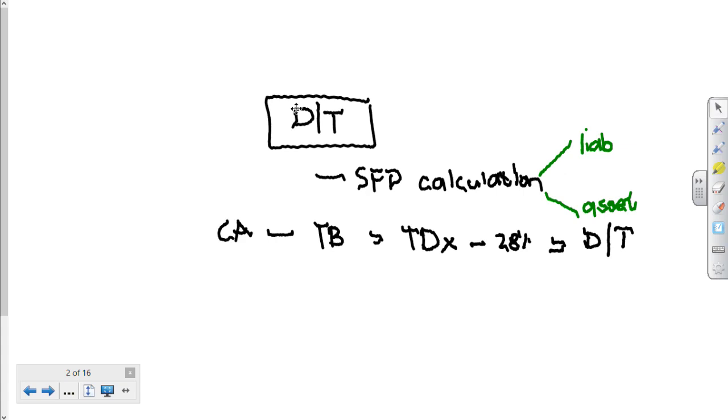What are these numbers? Carrying amount comes off your financial position. In practice, when we do deferred tax calculations, to make sure that we've left out no temporary differences, we pull down the entire trial balance. All the assets, all the liabilities. We don't do equity.